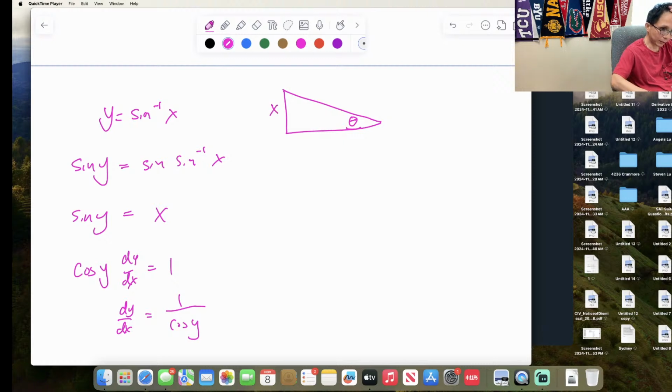X is right here, right? The opposite? Does that make sense? And this side is 1. Is that okay? And what will be this side? In terms of, this is a right triangle.